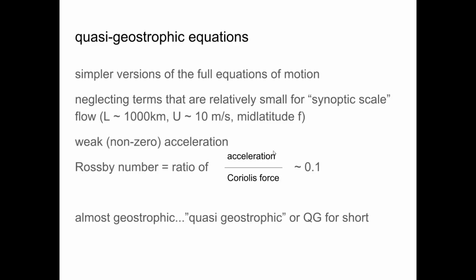So basically that's saying we have weak acceleration, but it's not zero. If the acceleration was zero, then the flow would be purely geostrophic. But since we are allowing some acceleration, it's not quite geostrophic. It's almost geostrophic. That was called quasi-geostrophic in the literature, and that's what we call this.